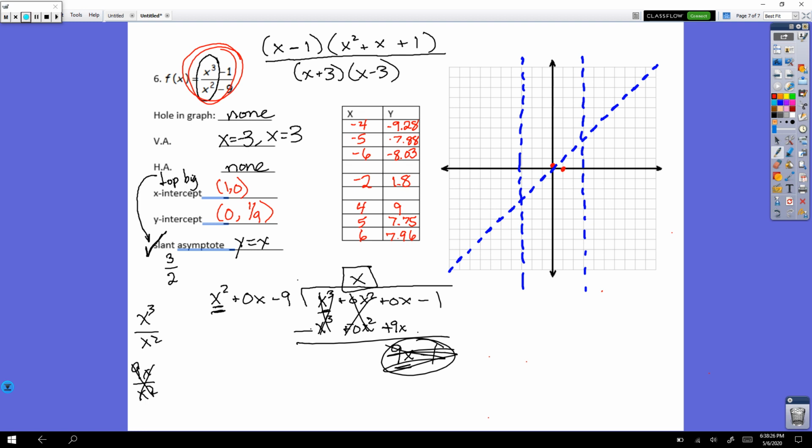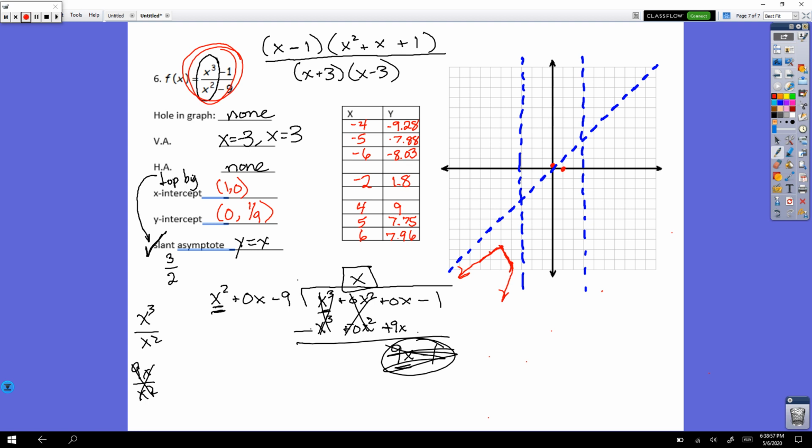So -4, a little bit past -9. -5, 7, almost to 8, so it'd be like right there. -6 was a little bit past 8, so I have this on the left side. It's a little rough.